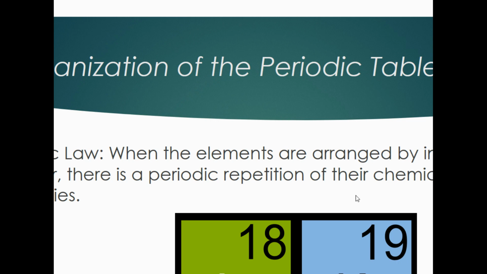We do see that when we arrange them by increasing atomic number, there are a few instances in which the mass goes down. As you go from 18 protons to 19 protons, your mass actually dips. When you go back to calcium, it picks back up and starts to increase. There are a few other places in your periodic table where mass goes down and then goes back up.